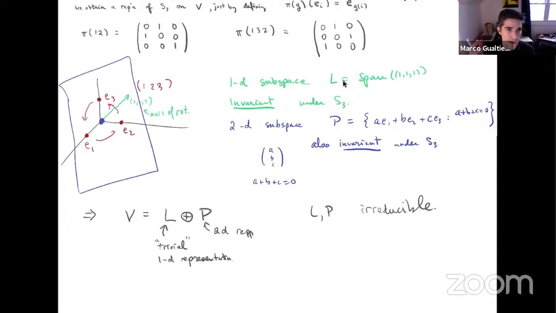So there's no way that group element is going to preserve any proper subspace at all, except for 0. So we basically get a splitting of the representation into two parts, which can't be reduced further.